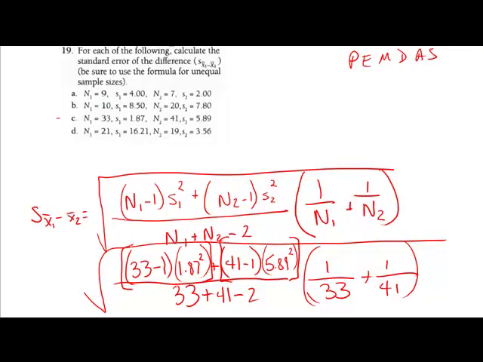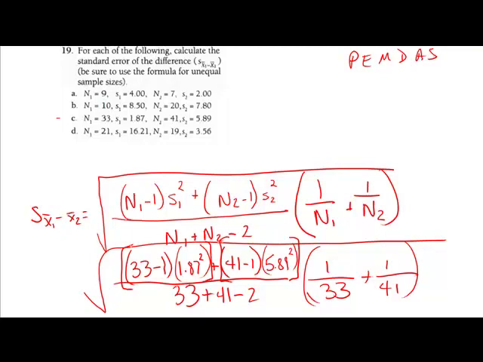Close that one, and then multiply that times 1.87 squared. And I'll close that parentheses.